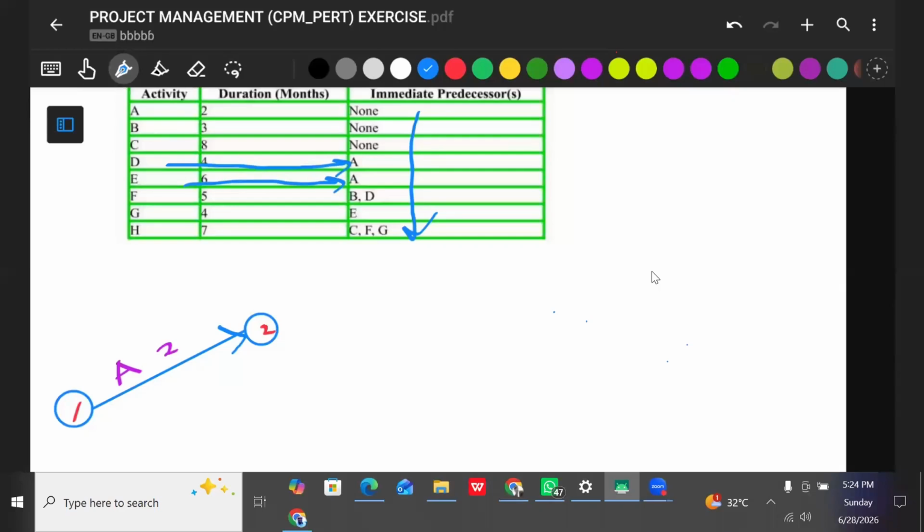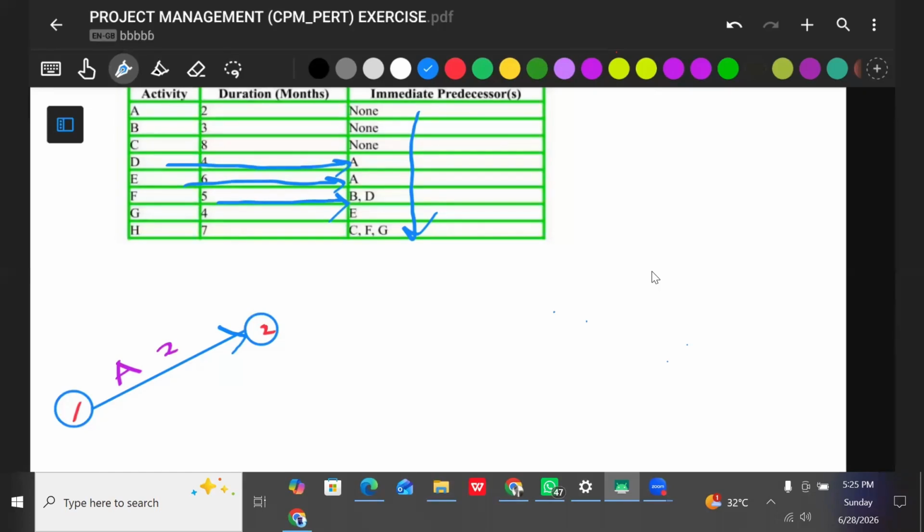If you come to F, you realize that activity B has something to do with F as well. But when you see two different activities, B and D, it's indicating to you that B and D eventually, in the future, as you keep progressing, are going to meet at a point. B and D are going to share one node.